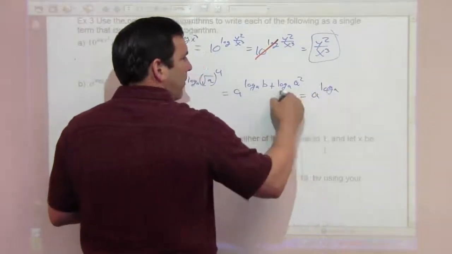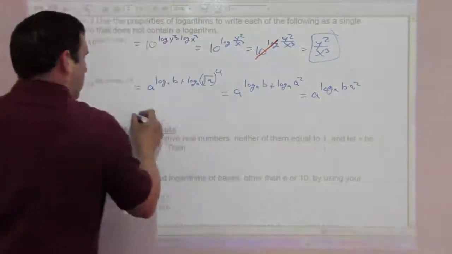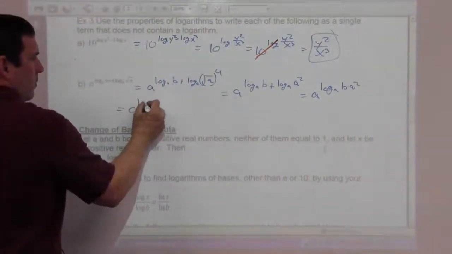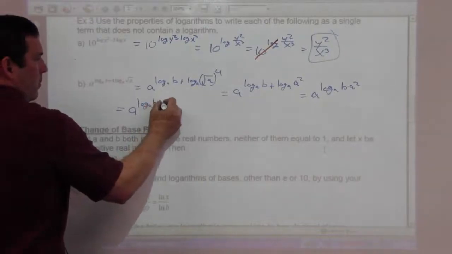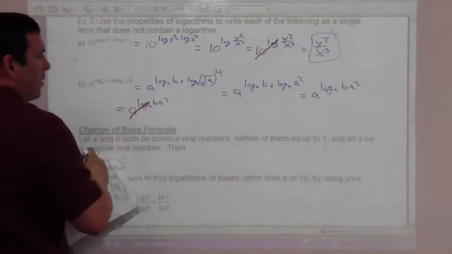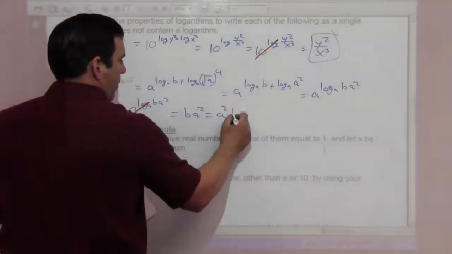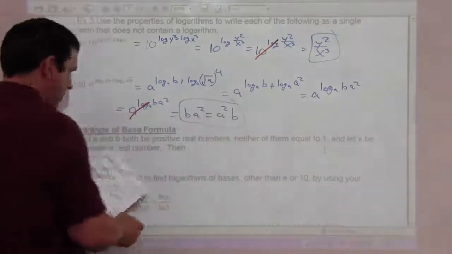Now I'm going to combine them. Log base a of b times a squared. That cancels. Leaves a squared b, or a squared b, however you'd like to leave the answer.